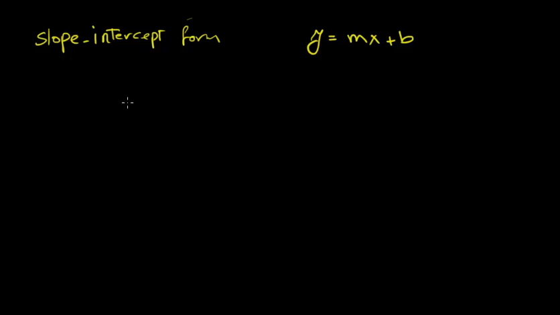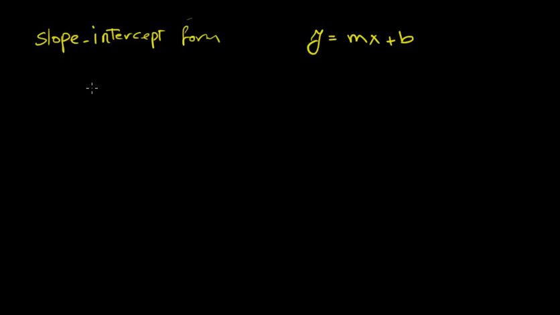I start with slope-intercept form for two reasons. One, it is probably the most frequently used way of expressing an equation for a line, and the second is usually other forms will be manipulated to this form. So this is the most common way of writing an equation for a straight line.